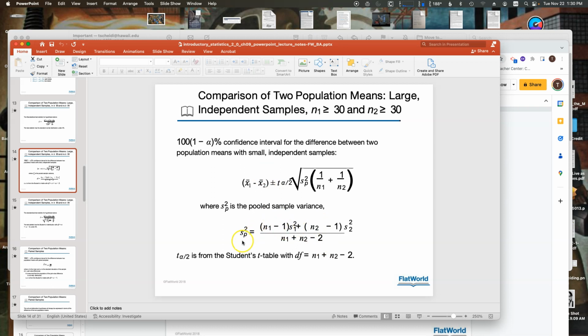So to calculate the variance, we're going to have to subtract 1 from each of the sample sizes to get our degrees of freedom. And then we're going to need the total degrees of freedom, which would just be summing up the sample sizes and subtracting 2. We're going to need that when we're looking at the t-statistic table in the back of the book.